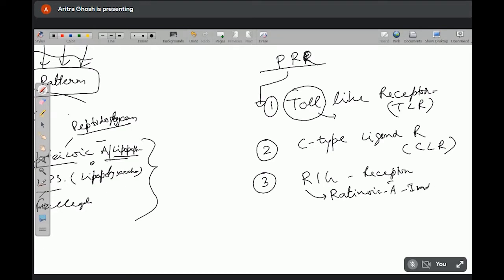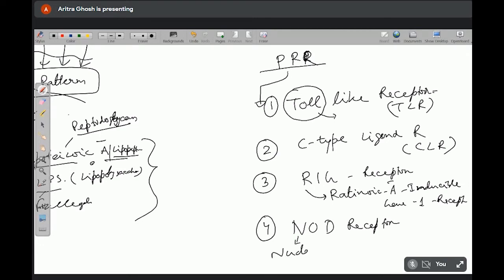That is toll-like receptors, C-type ligand receptor, RIG receptor, retinoic acid inducible gene 1 receptor, NOD receptor, nucleotide oligomerization domain. So TLR, CLR, RIG receptor and NOD receptors. These are the pattern recognition receptors.